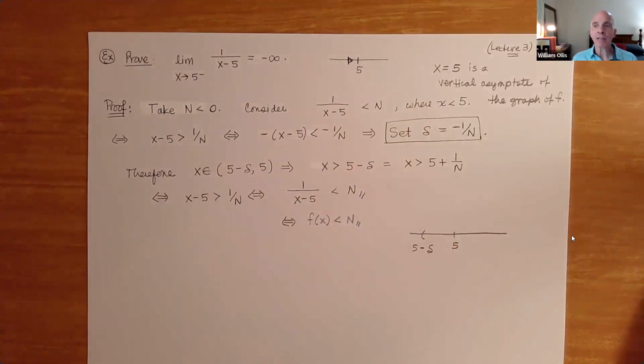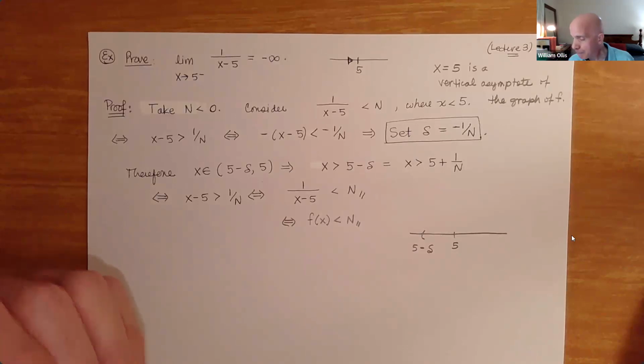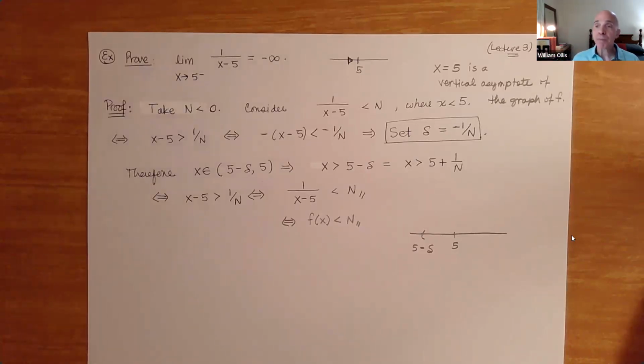We often try to look for the largest delta, like you've done in some of your homework, but it's not unique. So just remember, though the arithmetic of the limits definitions is very precise, there is much flexibility.